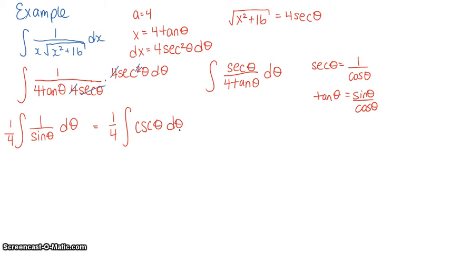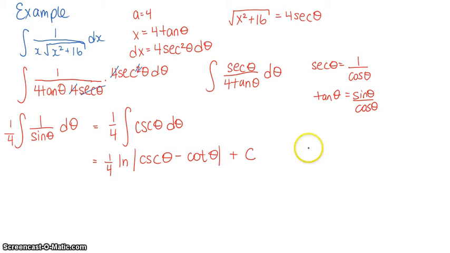And if you look in your table from last day, there's actually a simplified form. So you have ln of cosecant theta minus cotangent theta plus c. And again, you have to substitute back in. That's the important part of this. So to do that, again, you'll want to look at how to simplify a few things.